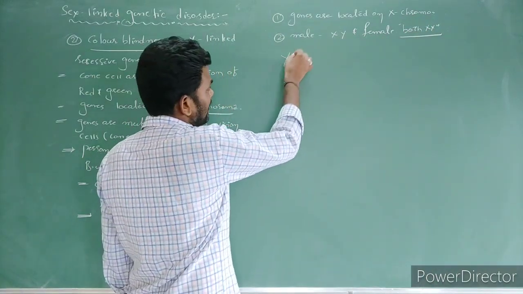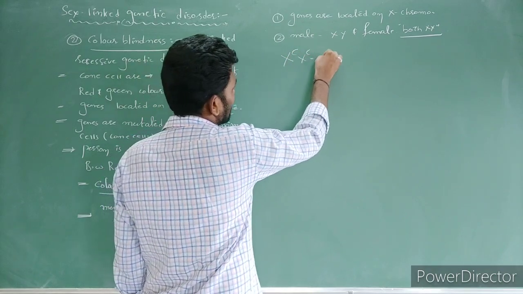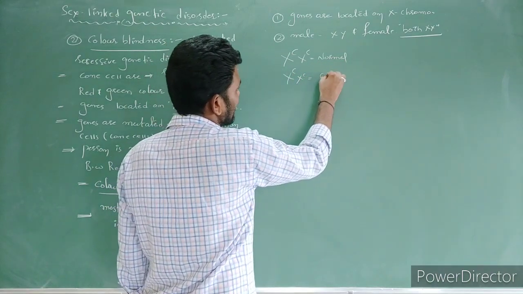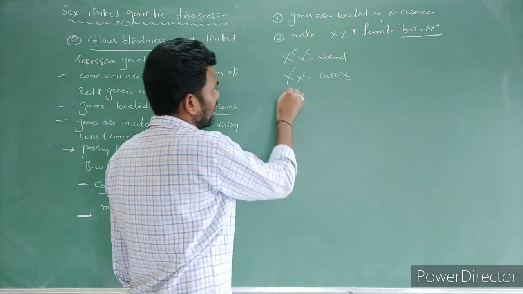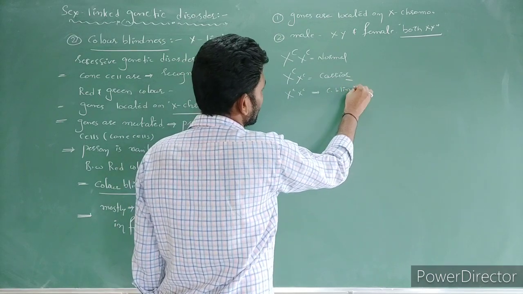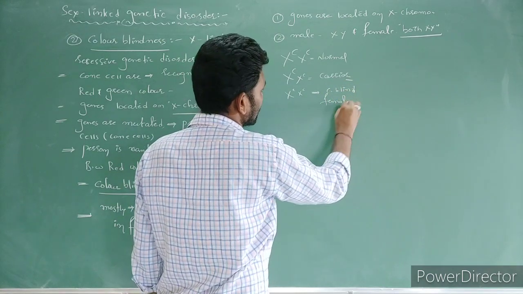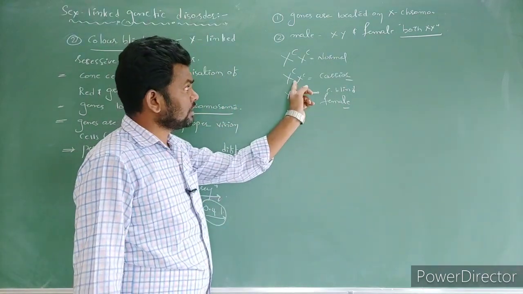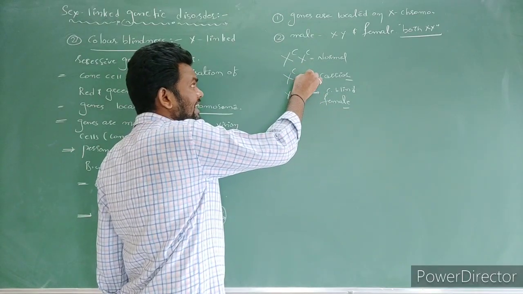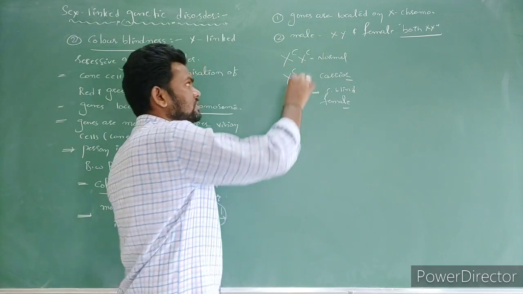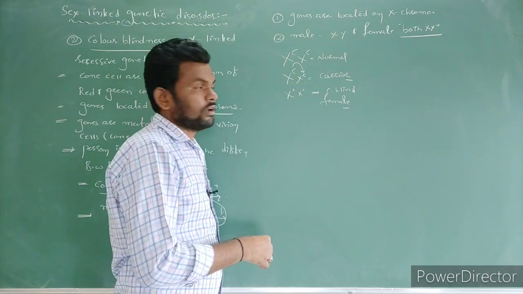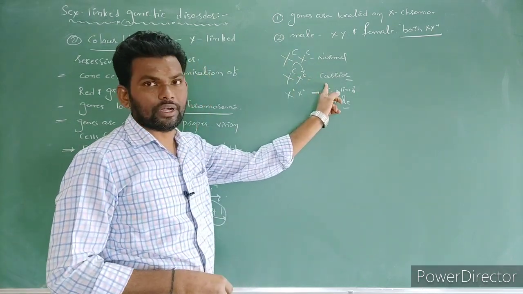Simple, like hemophilia: X capital C X capital C is normal, and X capital C X small c is a carrier, not suffering from any disease, and X small c X small c is a color blind female. Generally the disease does not appear, as we already discussed, because the mutated, altered gene is repressed by capital C. So that's why the disease does not appear.